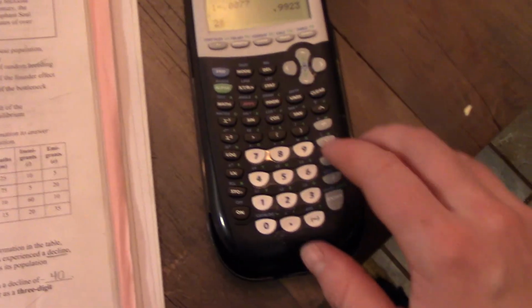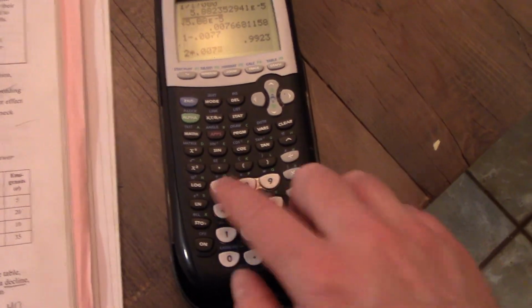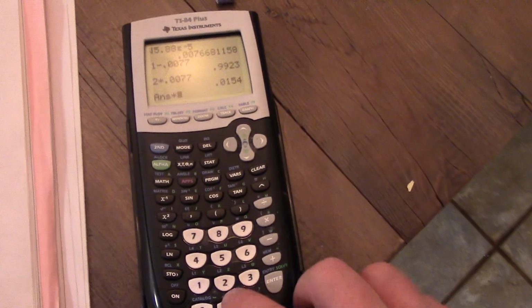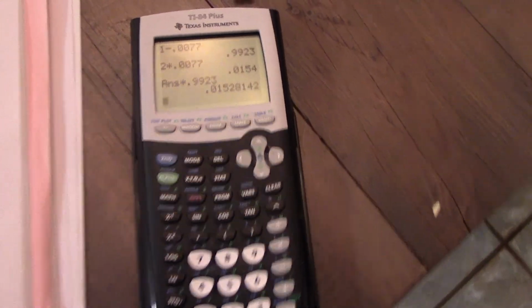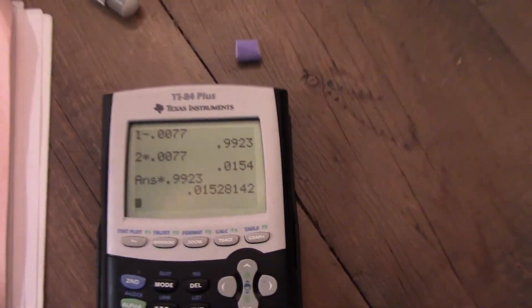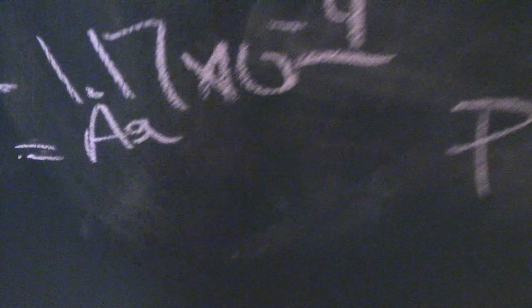So 2 times 0.0077 multiplied by 0.9923. Yeah, 0.02 is my answer there, not 1.17 times 10 to the negative 4.